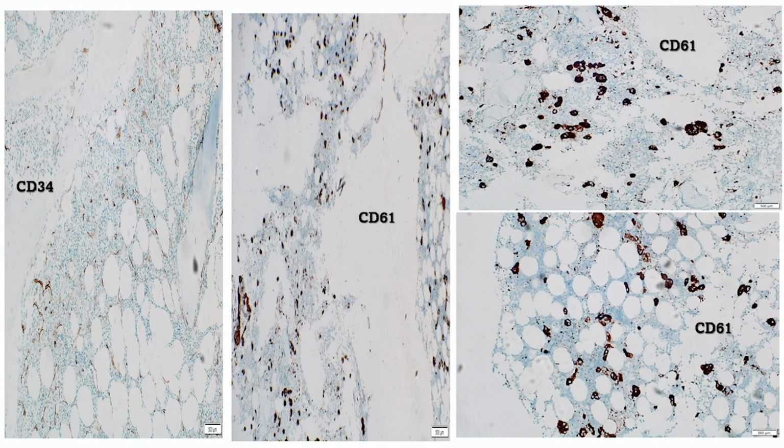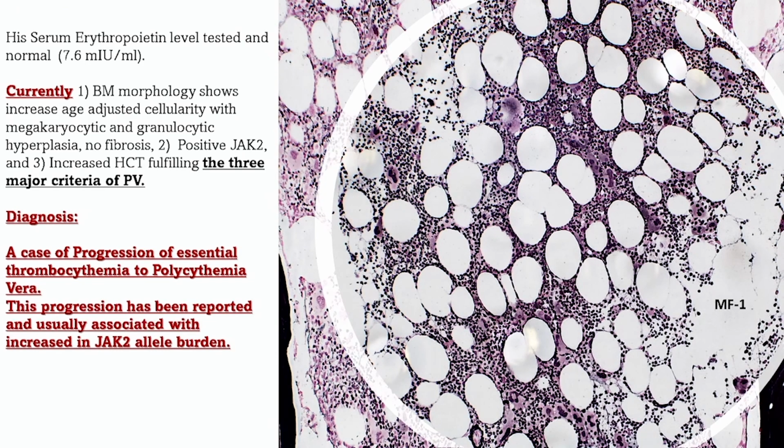A lot, we can see it here. A lot of megakaryocytes here, proven by CD61, and no increase in blast cells. His serum erythropoietin level was tested at 7.6. Currently, his bone marrow shows increased age-adjusted cellularity with megakaryocytic and granulocytic hyperplasia, no fibrosis, and positive JAK2. So the 3 criteria of polycythemia vera are already fulfilled.